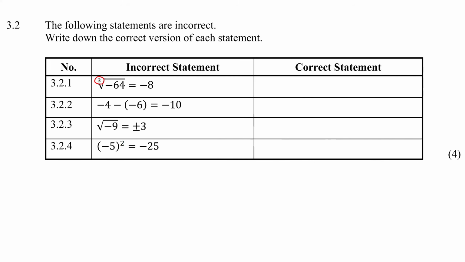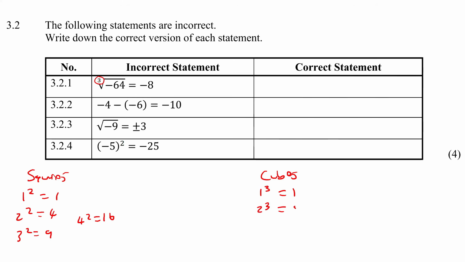So we know that we've got squares and we've got cubes. Squares are things like 1 squared is equal to 1, 2 squared is 4, 3 squared is 9, 4 squared is 16. Those are squares. Then you get cubes. 1 cubed is 1, 2 cubed is 8, 3 cubed is 27, 4 cubed is 64.